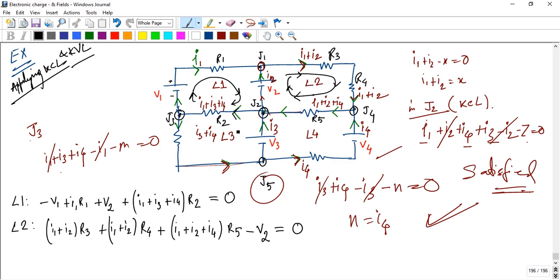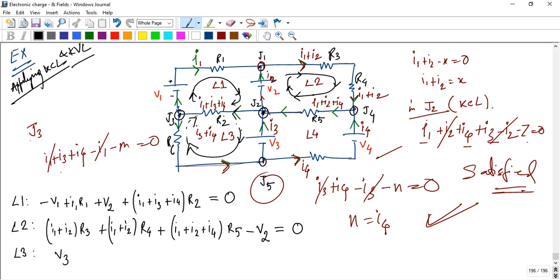Now apply the KVL equation on loop 3. Similarly, we choose the clockwise direction. Now loop 3, starting from this junction J2, plus to minus V3, same direction, and this is called R6.